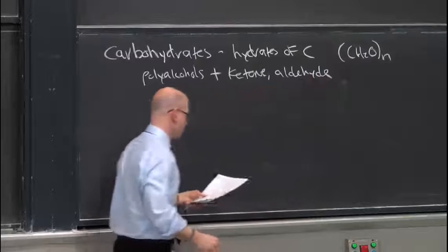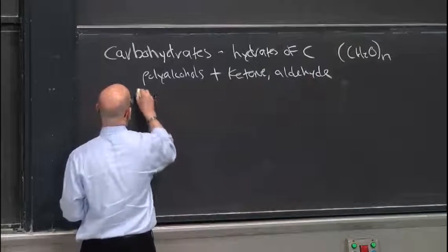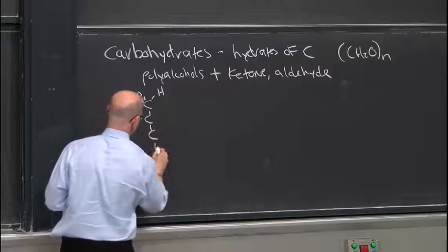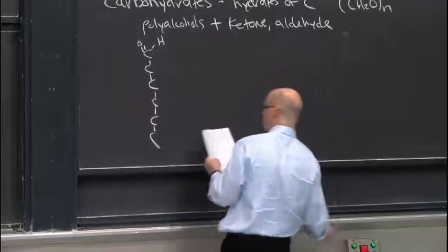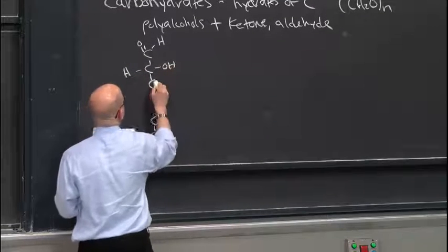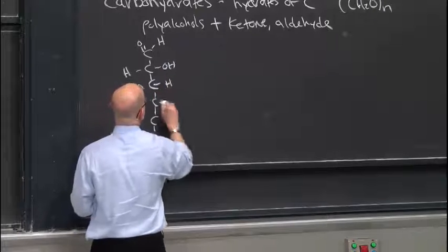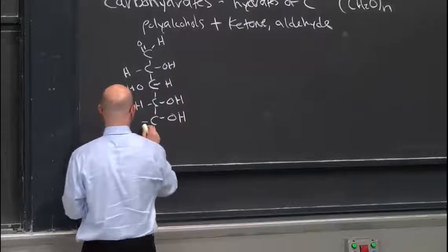Okay? And an example of that, for instance, that you are all familiar with is that terrible evil molecule glucose. 4, 5, 6. Now, you will notice how many of these carbons that I'm drawing here are chiral.